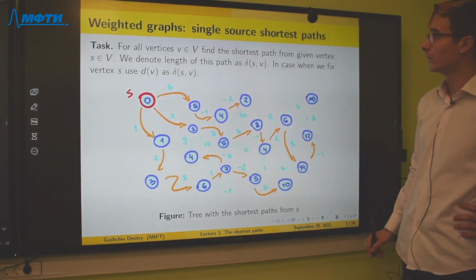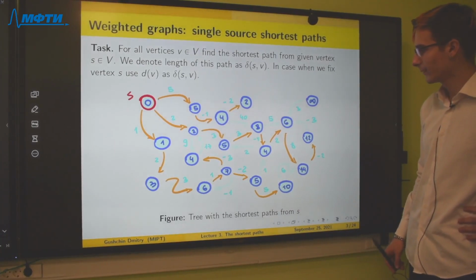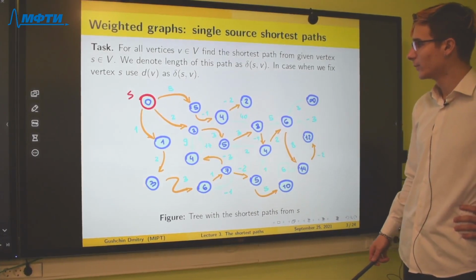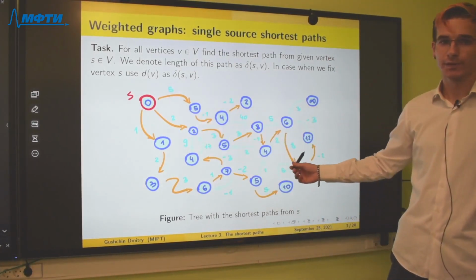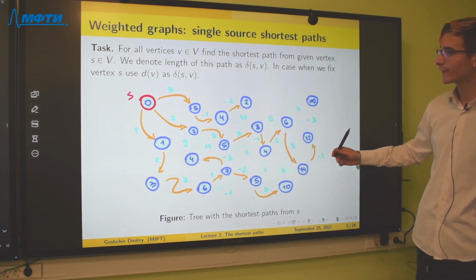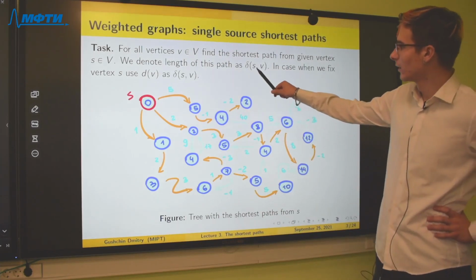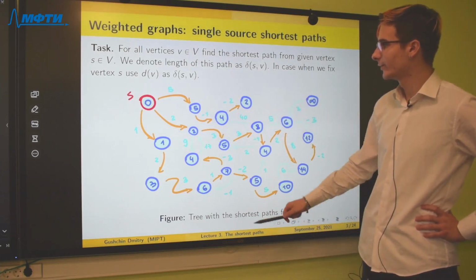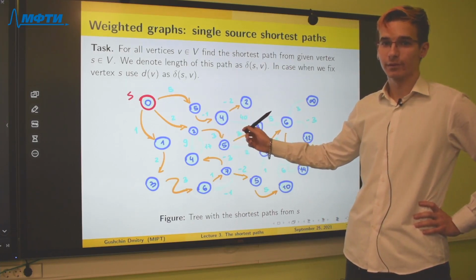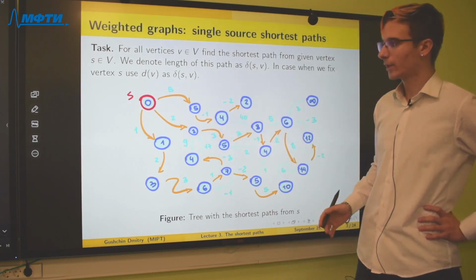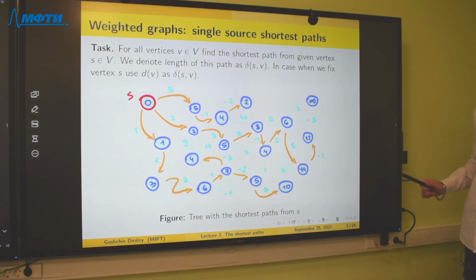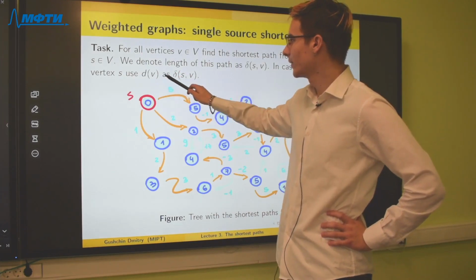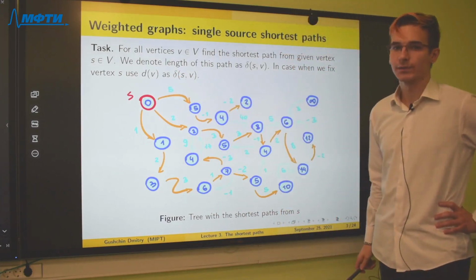In the end of our solution, we can have, for example, the tree of shortest paths between S and other vertices. We say that delta of S and V is the length of the shortest path between S and another vertex V. If we fix vertex S, we denote d of V as delta of S, V.